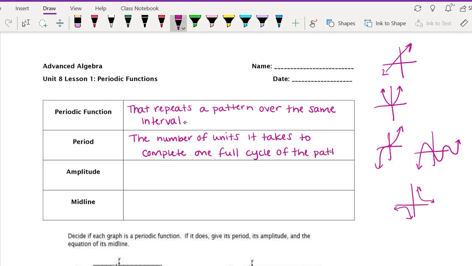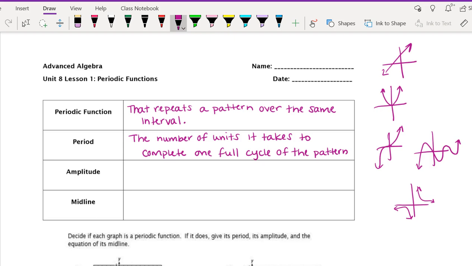Okay, so in a given period of time, how long does it take to complete one full cycle of the pattern? You can think of this almost like our calendar year. In January, it's our coldest, then it gets to be warmer, and then it gets to be hot in the summer, and then it gets to be colder a little in the fall, and then in the winter, it gets to be its coldest again, and January is roughly the same temperature as it was the year before.